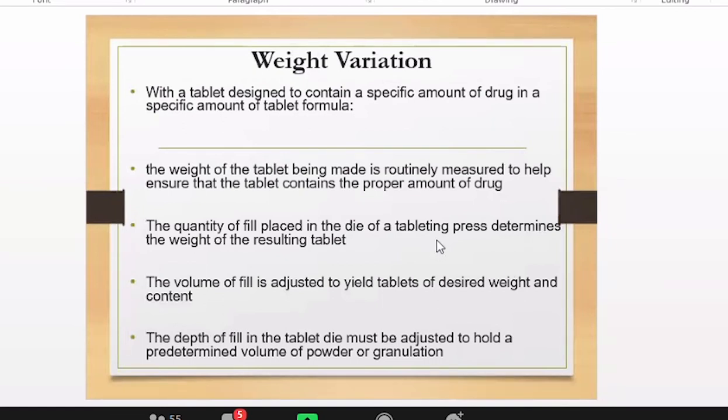Oh yes, so the term itself, disintegration, might seem to suggest that you need the tablet to completely fall apart and you have a number of pieces lying around.